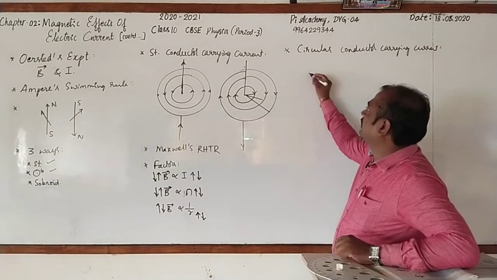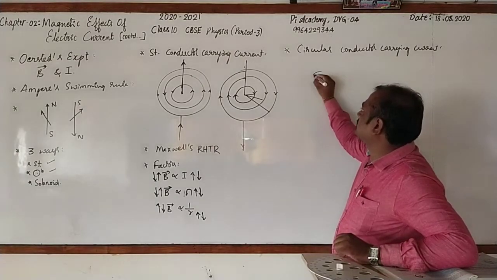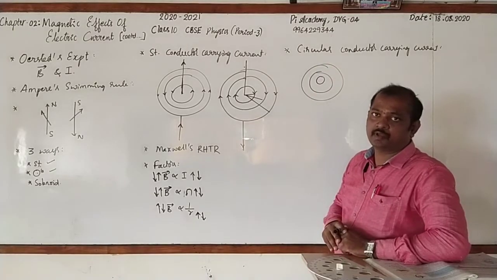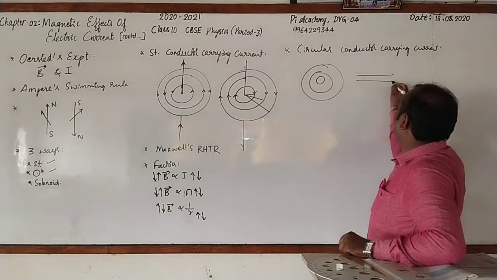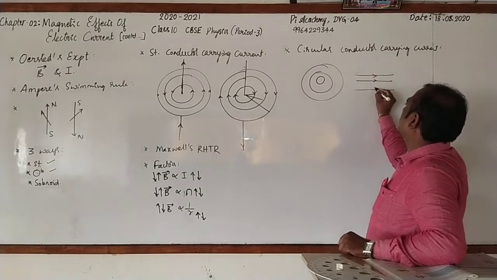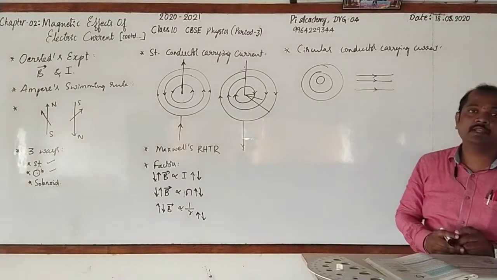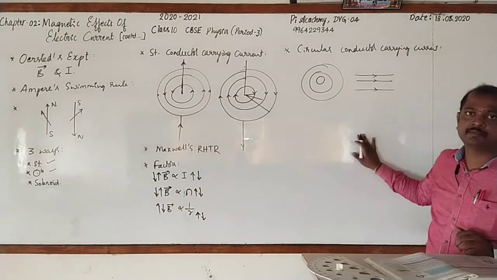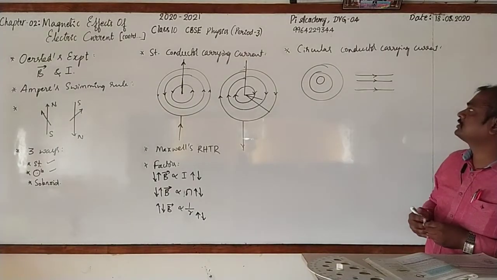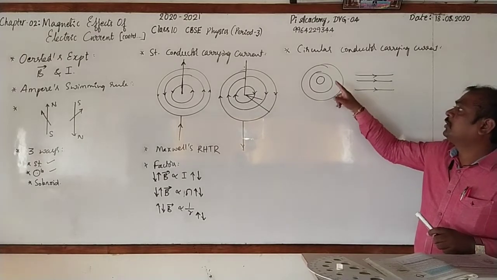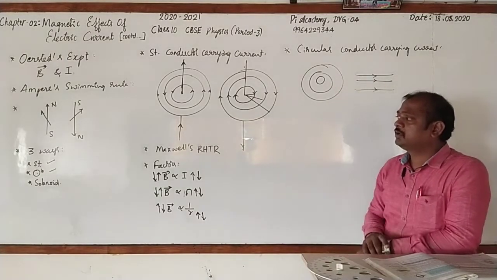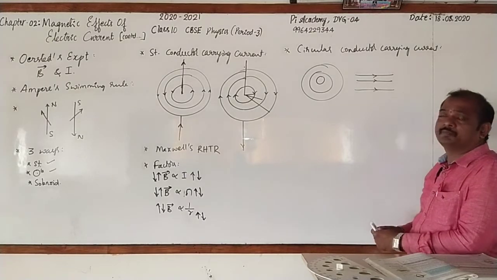It is concentric circles near the conductor and straight and parallel at the middle of the circular conductor, right? This is the pattern. And there also we have come across how to mark the direction of lines of force based on the direction of current using Maxwell's right hand thumb rule.